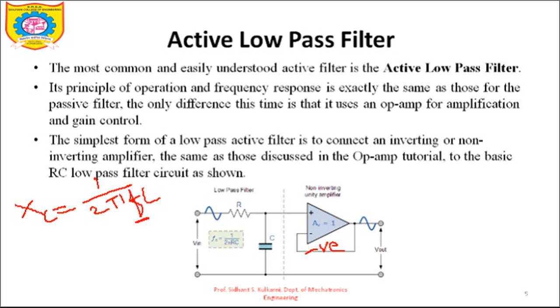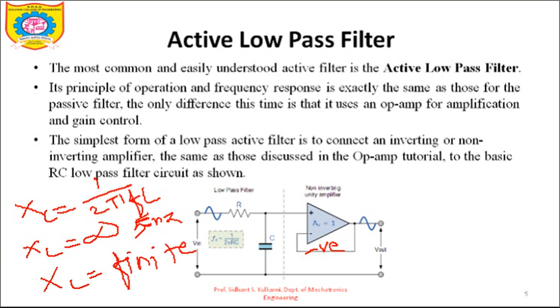If f becomes 0, Xc will become infinite. So this capacitance will give the highest impedance to the lowest frequency. And if f has some finite value, 50 hertz, 100 hertz, 200 hertz, up to 1 kilohertz, Xc will be some finite value.